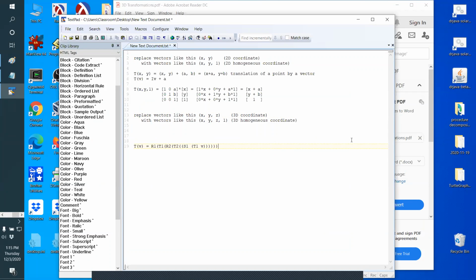Now, if these were matrices, I would do this as R1 times T1 times R2 times T2 times S1 times, oh, that was a T3, third translation, T3.